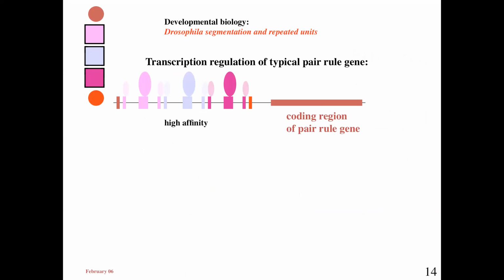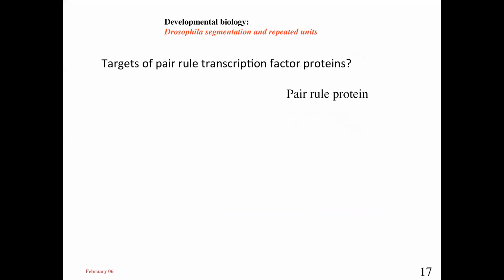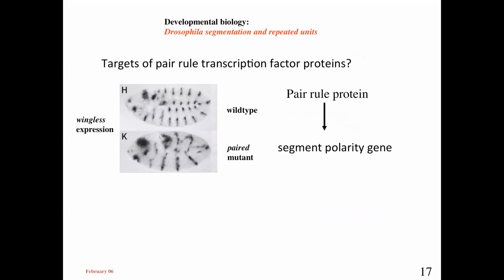What they also found is that if you look at a wingless mutant, paired and wingless mutants will perhaps have similar features. Because if wingless is necessary, paired may have many other phenotypes, but it should recapitulate a part of what the wingless phenotypes are.